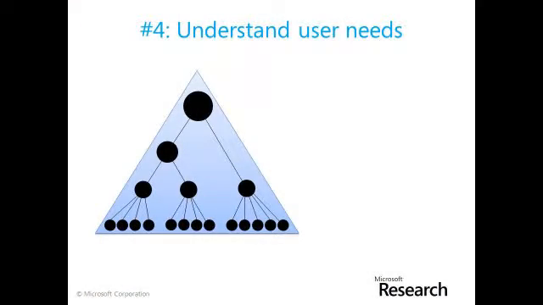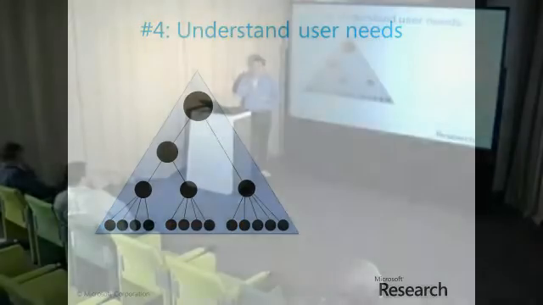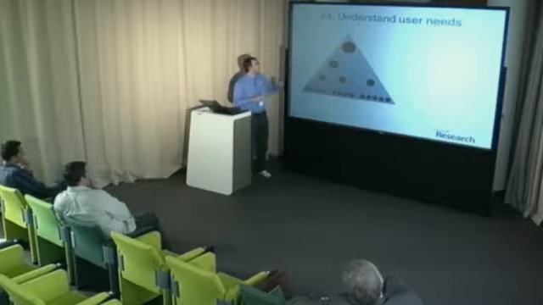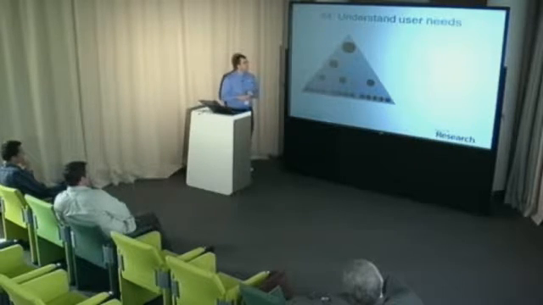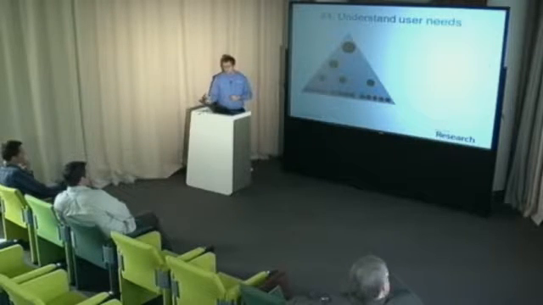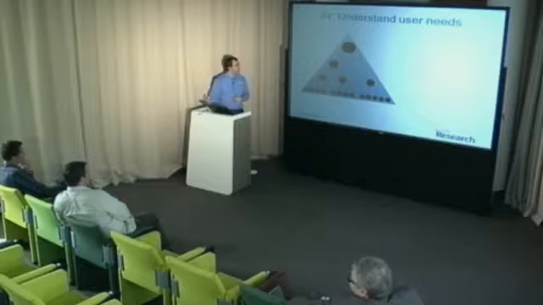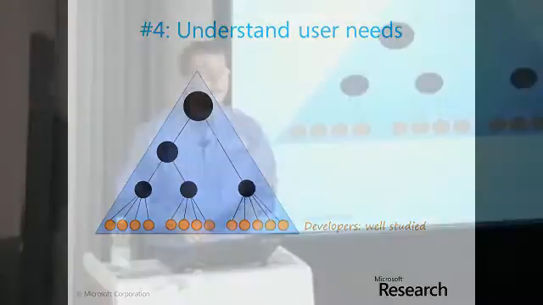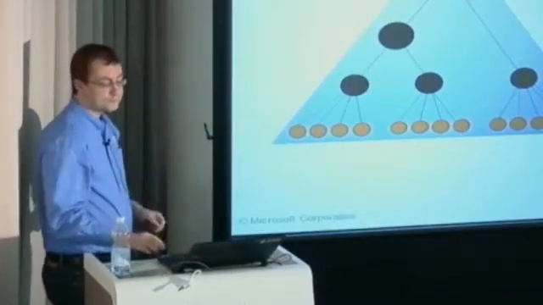The fourth one is essentially about understanding the user needs. This picture here shows the organizational structure of a company. In research, we are really good on this level. We know a lot about developers, what their needs are, what tools they need.